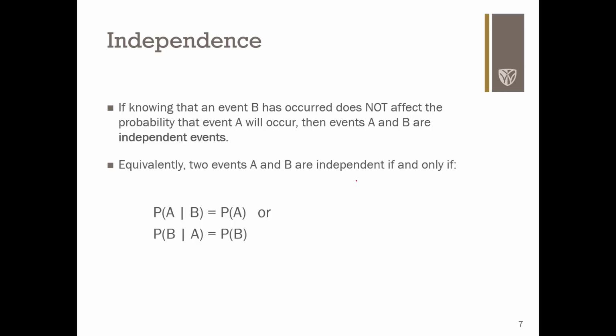But if I told you my hair is brown, so given that I'm an individual with brown hair, how likely is it that it's going to rain today? Knowing that my hair is brown gives you no useful information on whether or not it's going to rain today. My hair being brown and raining today are independent events. Knowing that one happens has absolutely no influence on whether or not the other one happens.